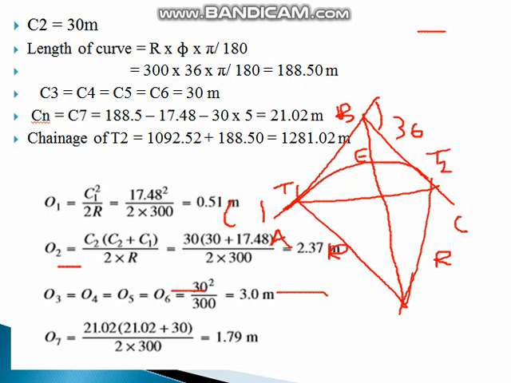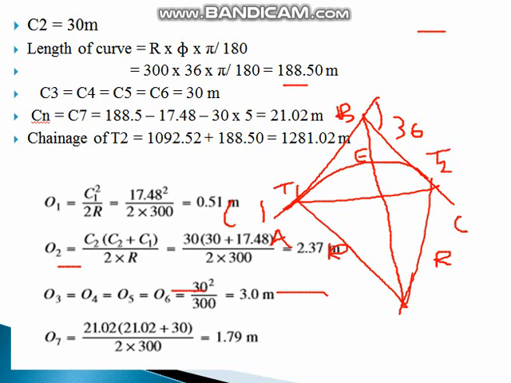Before that we require the length of the curve. The length of the curve is, as we know the formula, R phi pi by 180, 300 into 36 into pi by 180, and the value is 188 point something. So this is the length of the curve we have to find out. So the chainage of T2 is the first tangent point plus the length of the curve, that is 1281.